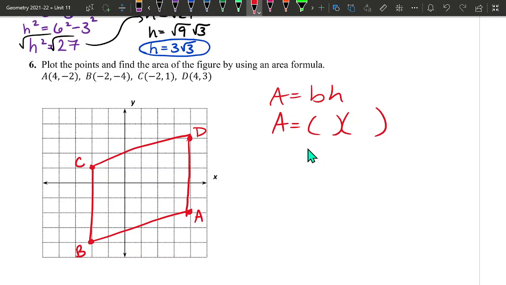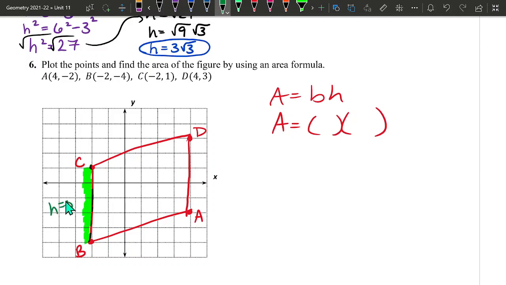Now, whenever you graph a picture, if you have a straight horizontal or directly vertical line, you just count the boxes. So that makes this height from B to C. Since it's a vertical line, you just count those boxes and call that the height. So the height here is 5.